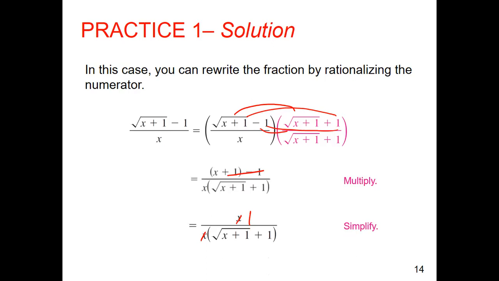Now in the current form, after I rationalize, can I plug in 0 using direct substitution and get a value? Yes, it's just 1. Exactly. I can now just plug in 0 and get a value.